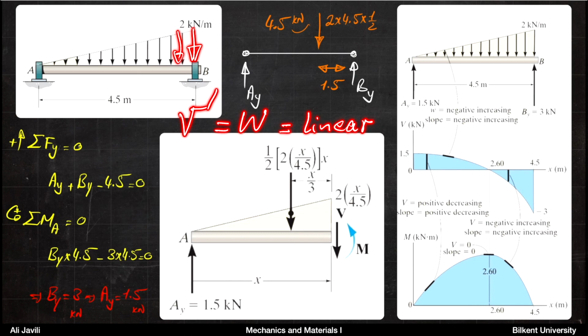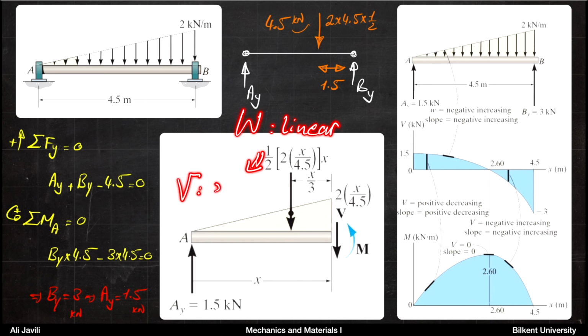So it's with a negative sign actually. You should remember that 2 kilonewton per meter reads -2 because it's downwards. Because W is linear, you know that V is going to be quadratic. So basically you start at 1.5 with a negative slope and with an increasing slope. You draw your quadratic function.